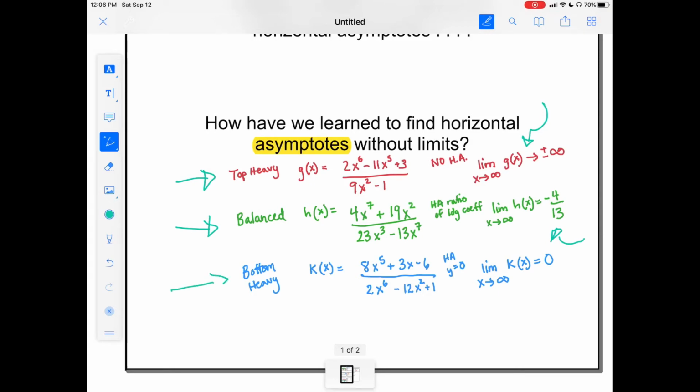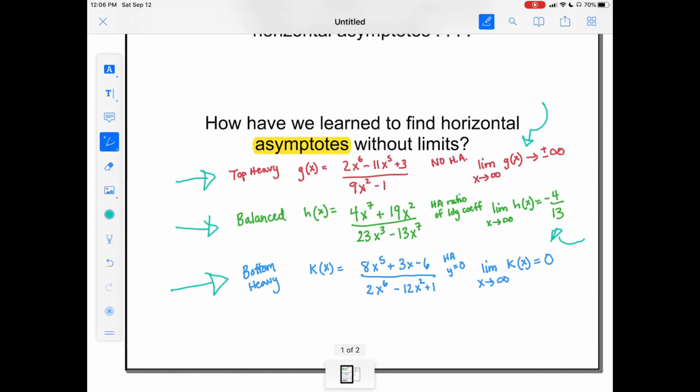Then there's this third scenario, and that's when it's bottom heavy, when the degree in the denominator is larger than that in the numerator. So for k of x, the degree up top is 5, on the bottom is 6. And so again, thinking about it, that means when my x approaches infinity, my denominator is going to get significantly larger faster.